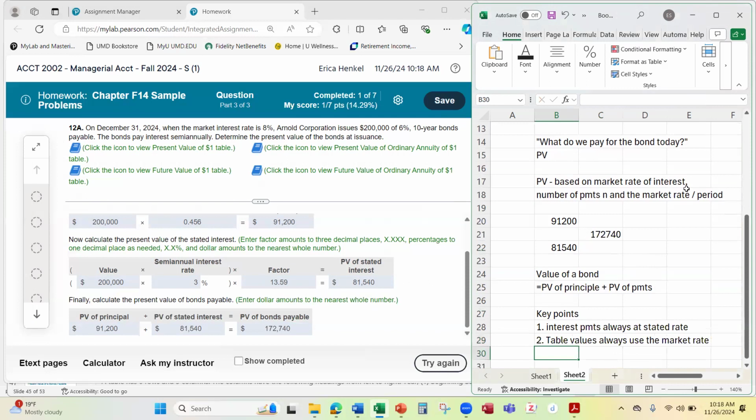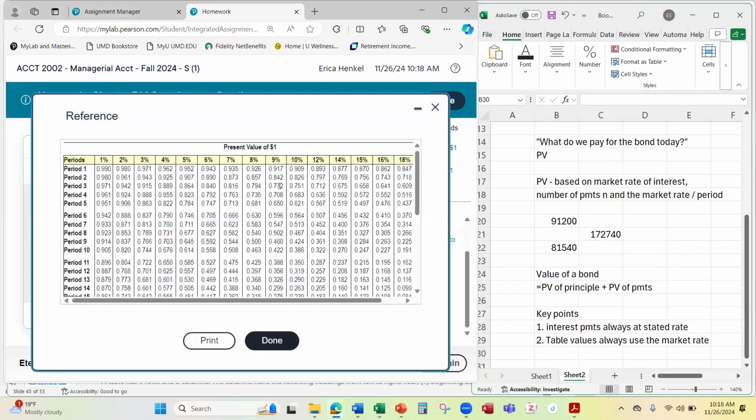So when you're looking up the amount on the table to figure out the present value of either the payments or the principal amount, you're going to be looking in the column for the appropriate market interest rate divided out into however many payments per year there are. So if it was an annual payment instead of a semi-annual payment, then we would have looked in the 8% column at 20 for both the principal value and for the payments.